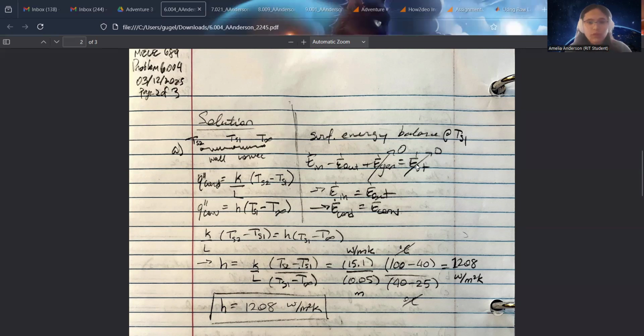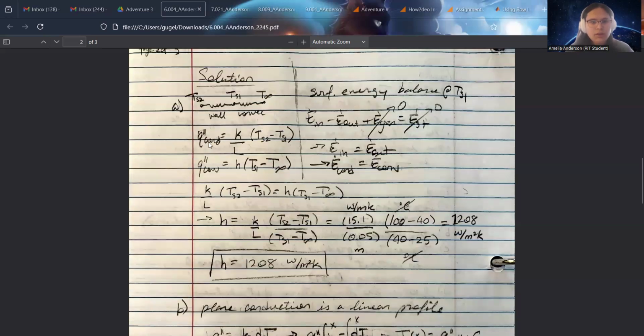So that means E in is equal to E out. If we're at that border and we're transferring heat from the wall to the water, we are going to have conduction from the wall into the surface, and convection from the surface to the water.